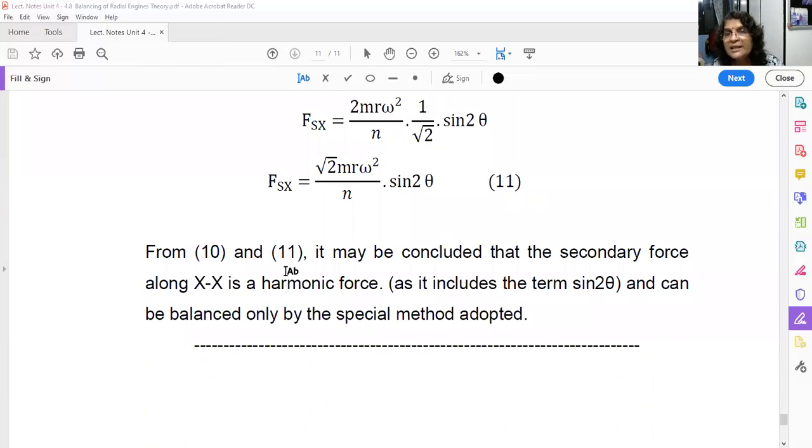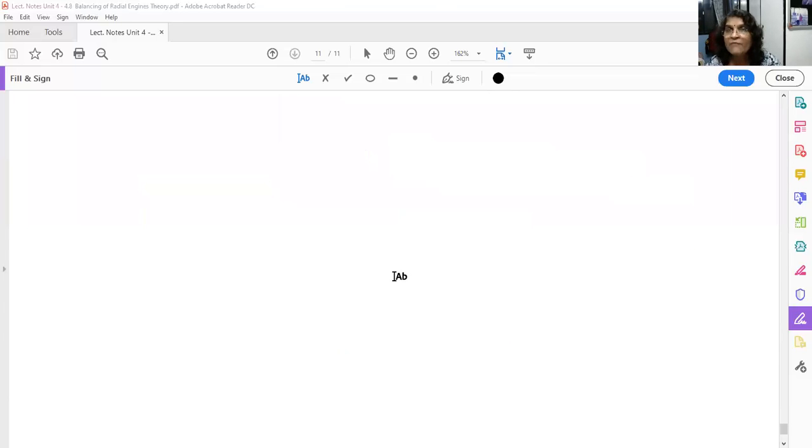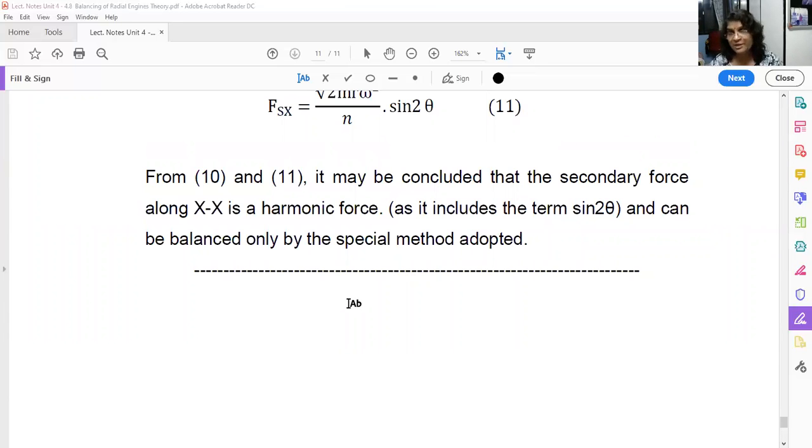So from 10 and 11, it may be concluded that the secondary force along the xx direction is a harmonic force as it includes the term sin 2 theta, and it can be balanced only by special methods. So it may not be completely balanced, because this is a recurring force. Continuously it will be changing. It's a harmonic force, sinusoidal. Understood? So this is your theory for the direct and reverse crank method.